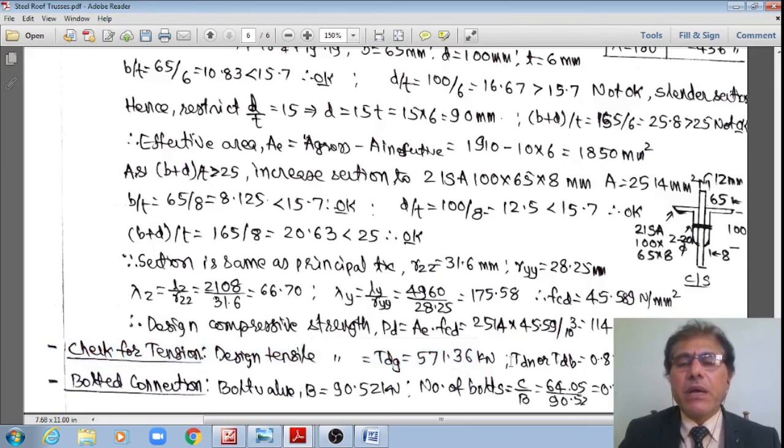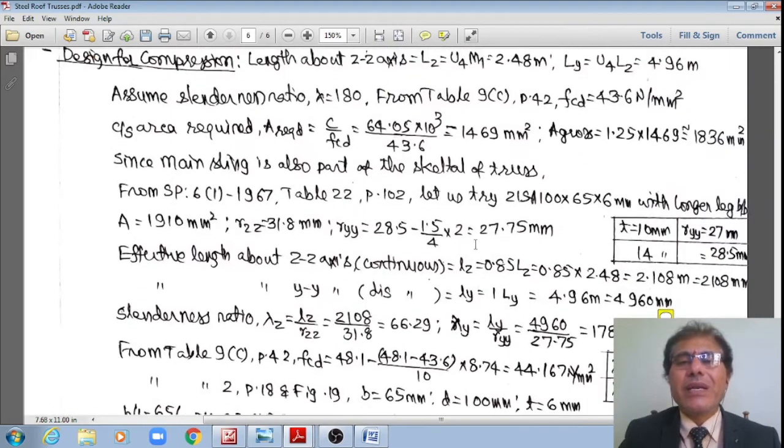For the net section rupture as well as the shear criteria, assuming a 20% reduction, I'll get 0.8 multiplied by 571.36, approximately 457 kilonewton, which is much greater than just 58 kilonewton tension only.